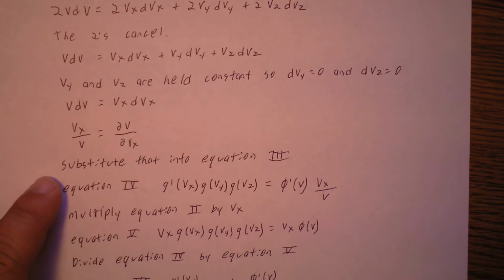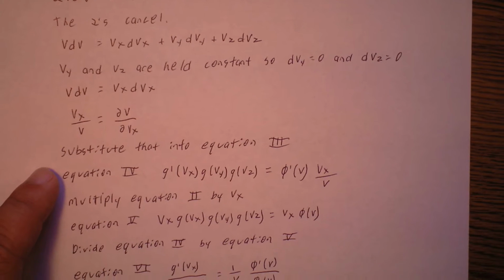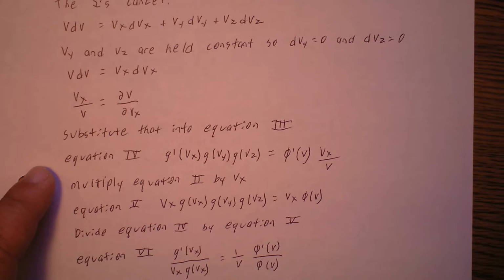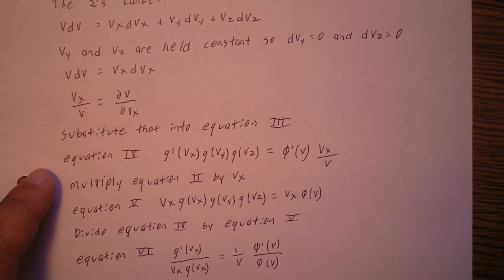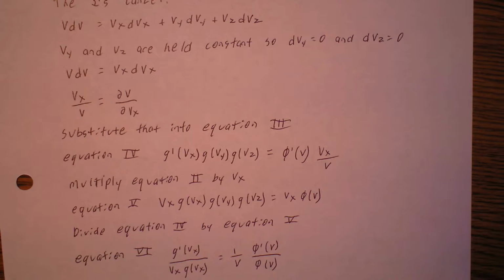So now we can go back and substitute that into equation 3. So now we have equation 4. We have g prime of the x component of velocity times g of y component of velocity times g of z component of velocity, and that's equal to phi prime of velocity times the x component of velocity divided by the velocity.